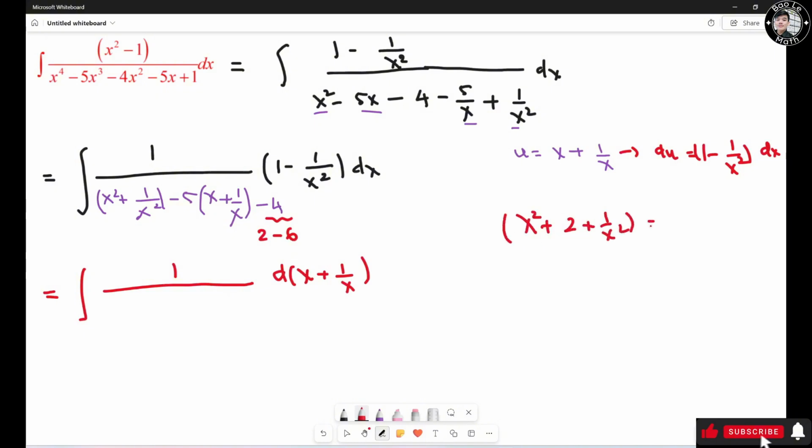This is the same thing as s plus 1 over s all squared, a complete square. So this can be written as s plus 1 over s all squared, minus 5 times s plus 1 over s, minus 6.